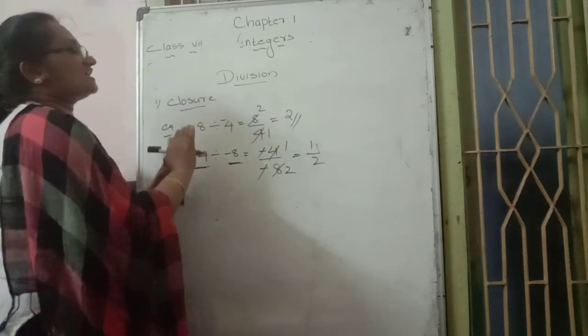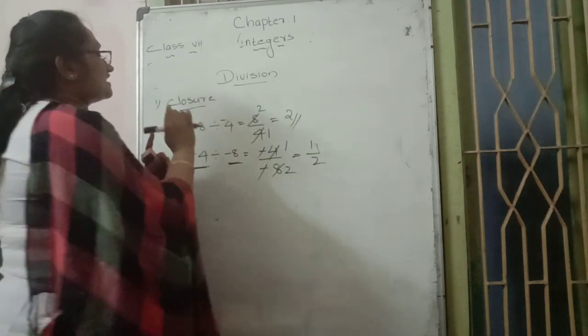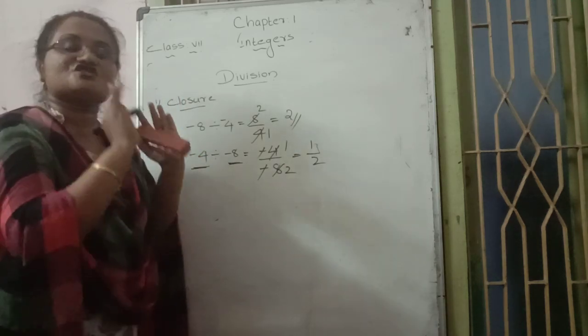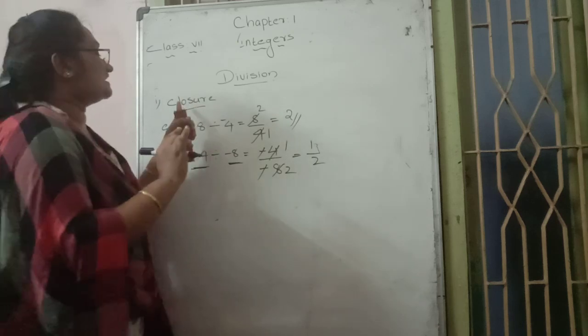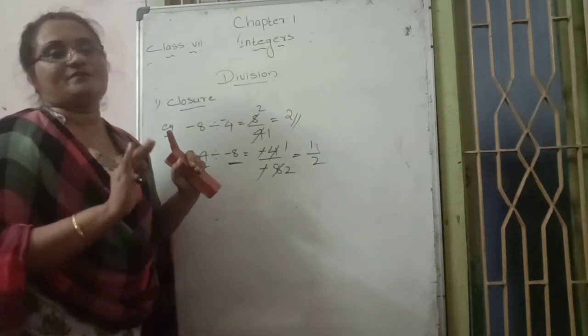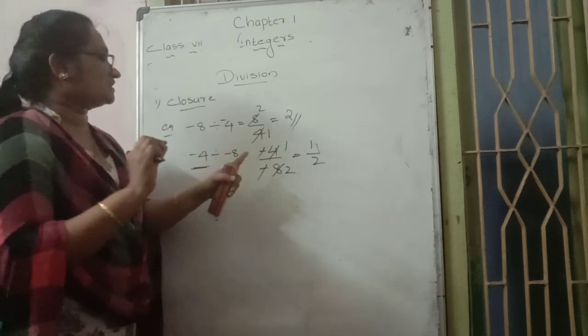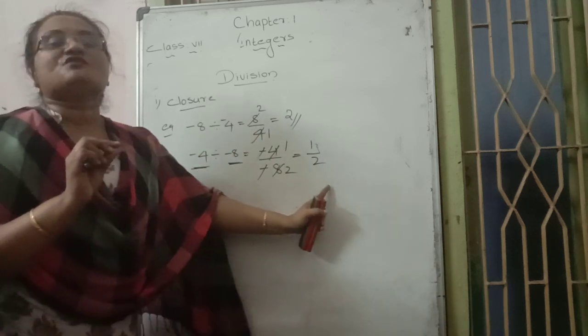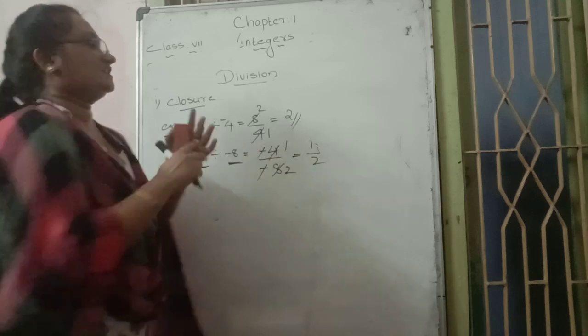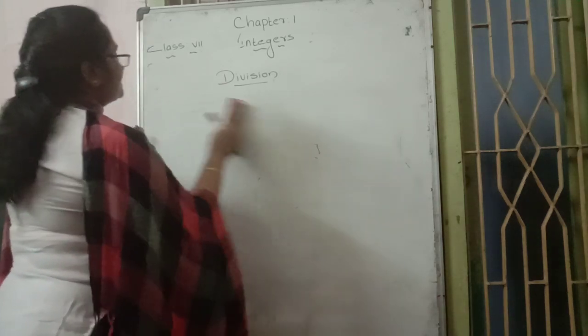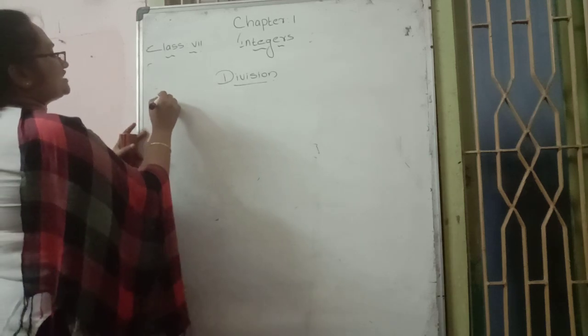That's why we can say that the closure property is not satisfied in division. Next, after closure, the second property is the commutative property.